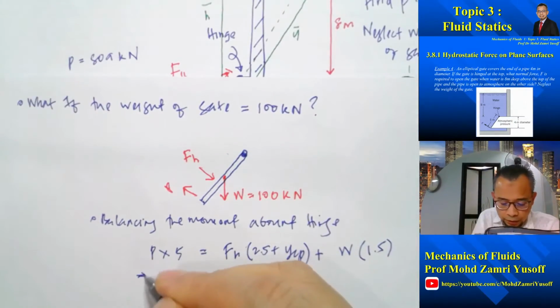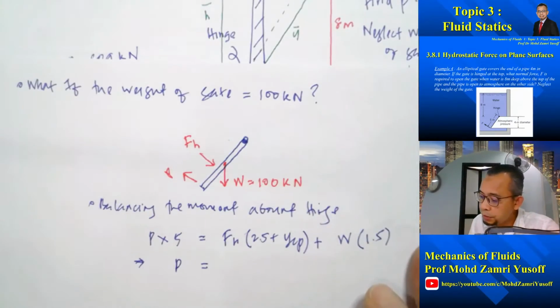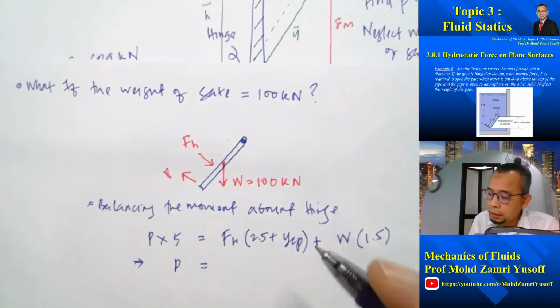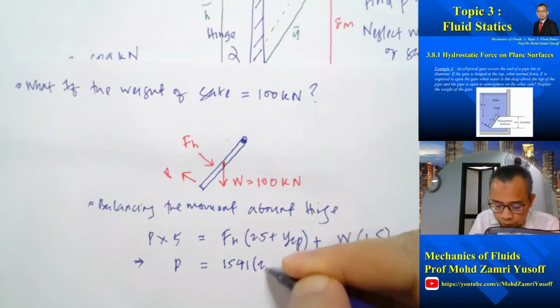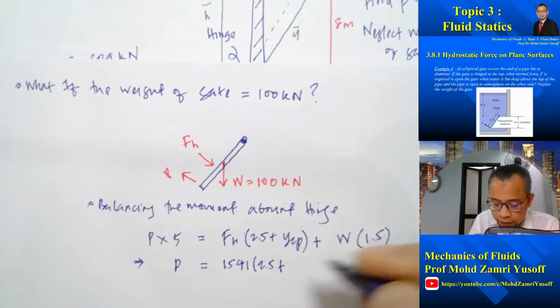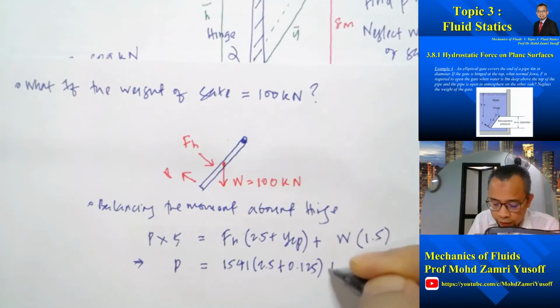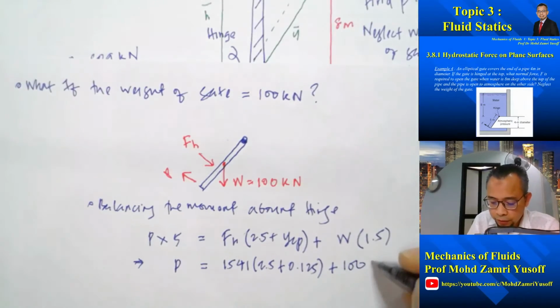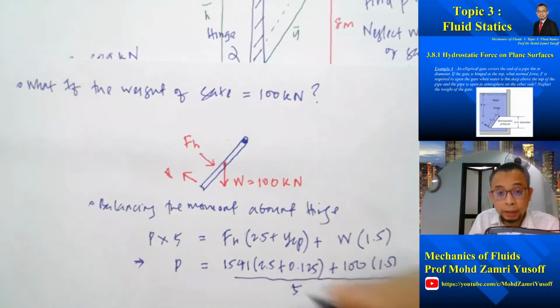So then our P will be equal to Fh, which we have already calculated, 1541, times 2.5 plus ycp, which is 0.125, plus the weight, 100 kilonewton, times 1.5, divided by 5.